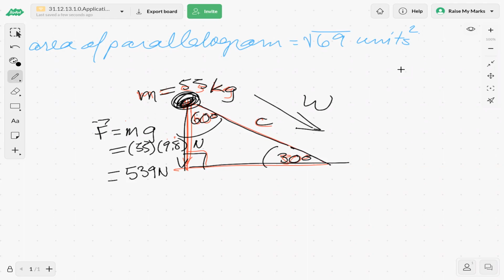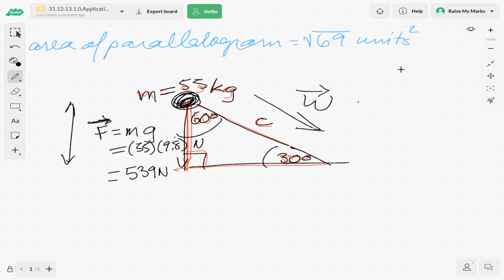We know the magnitude of this side, it's 539. We know the angles in a right angle triangle, so we can definitely find the magnitude of our work. Right, so let's have a look. So the tangent, why don't we write it this way?